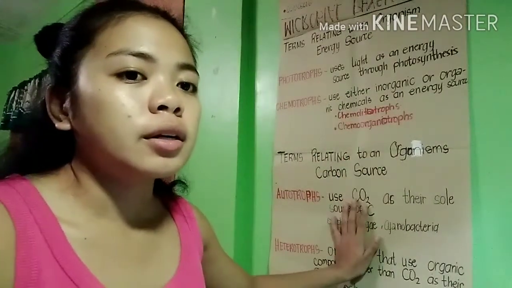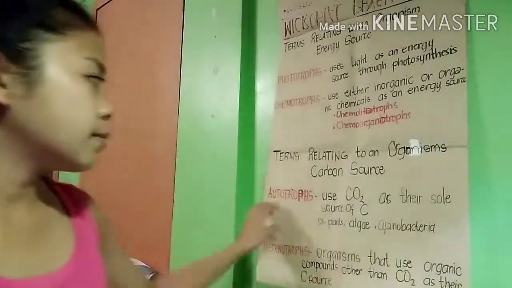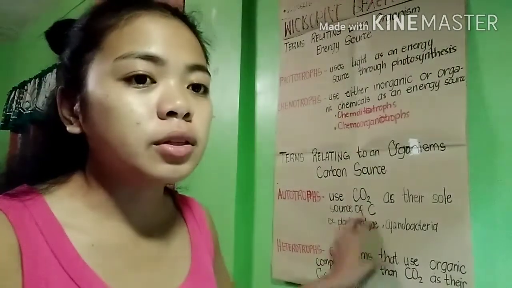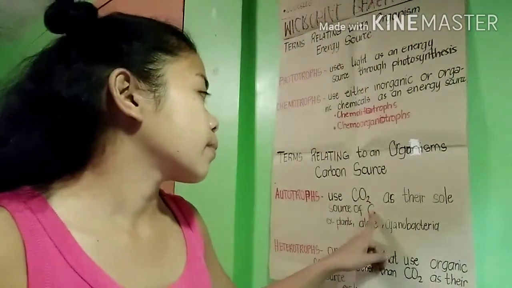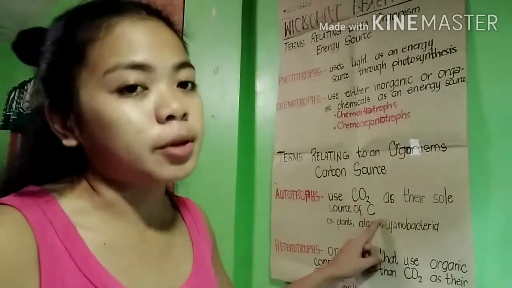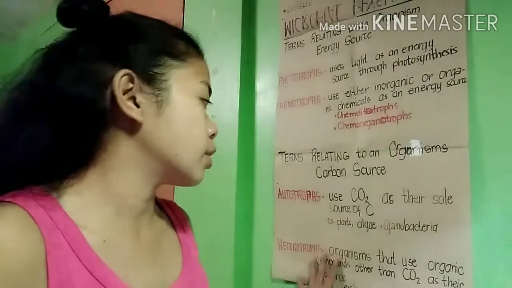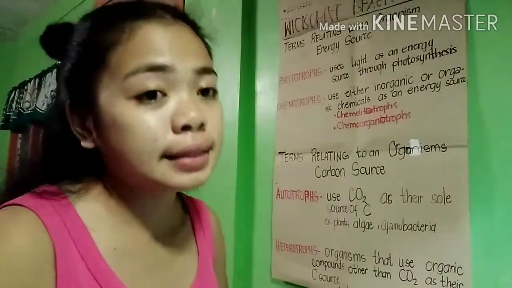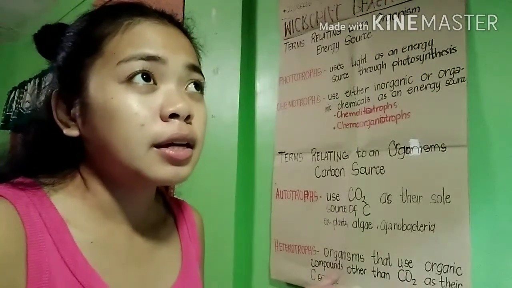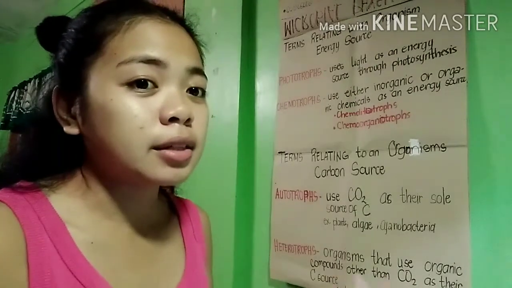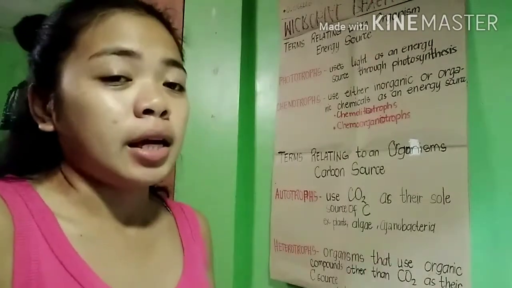So the next are the carbon sources. The first one is the autotroph. It uses carbon dioxide as its sole source of carbon. For example, plants need carbon dioxide, while people need oxygen, which is produced by the plants.